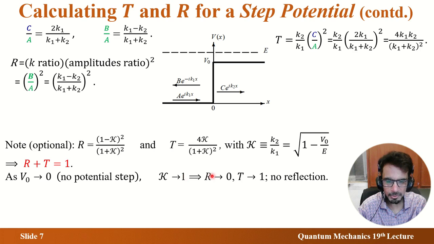Or another case could be when R is equal to 0, that equation tells you R is equal to 0, T is equal to 1, whatever it is. That means no reflection. So you can develop a common sense that there is no boundary, there is no reflection. There is 100% transmission. Wave comes and wave is here.